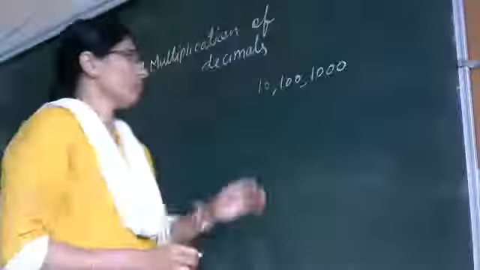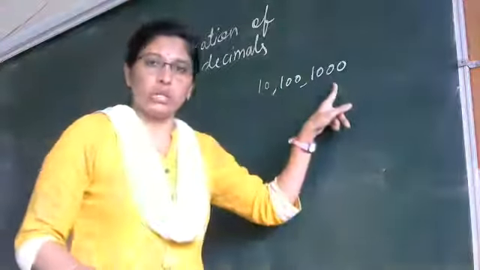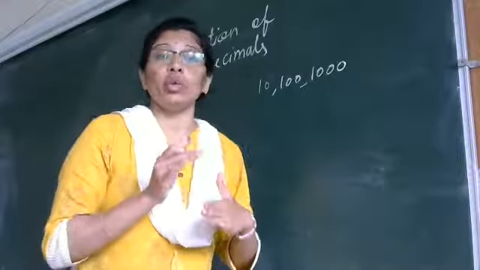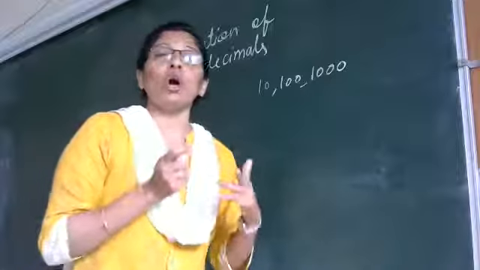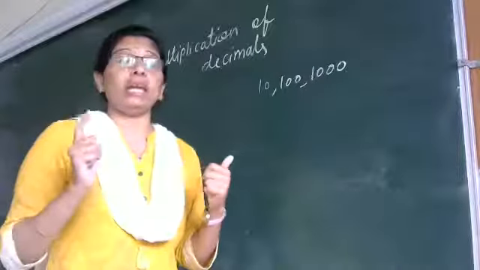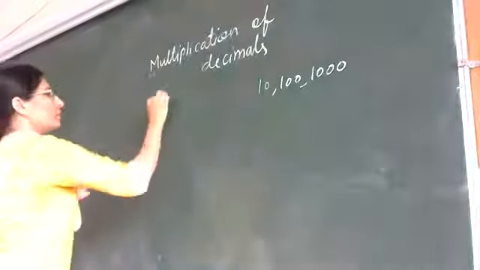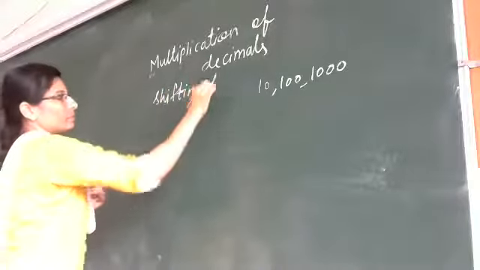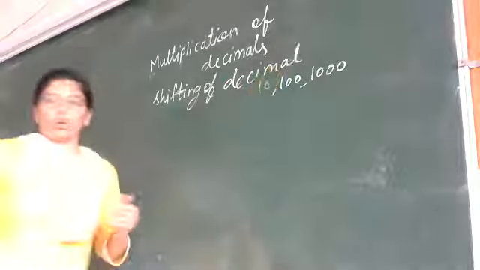Okay, listen. When we have to multiply with 10, 100 and 1000, we do not have to multiply. Directly we can use a shortcut method, that is the shifting of decimal method.